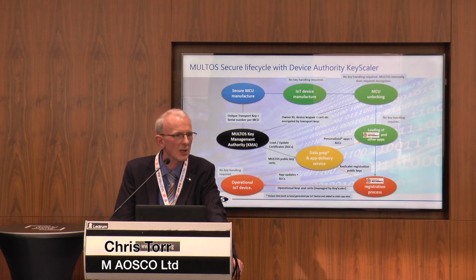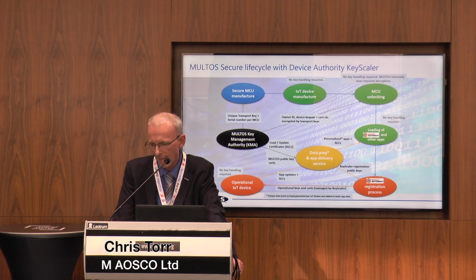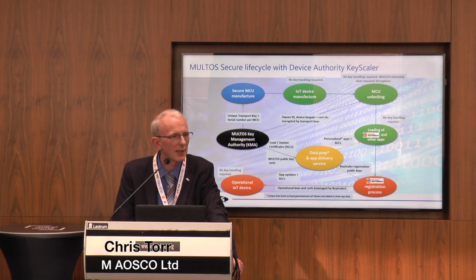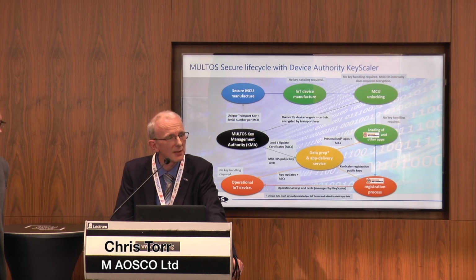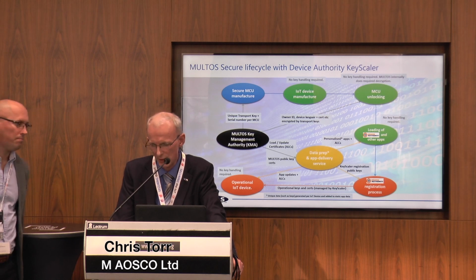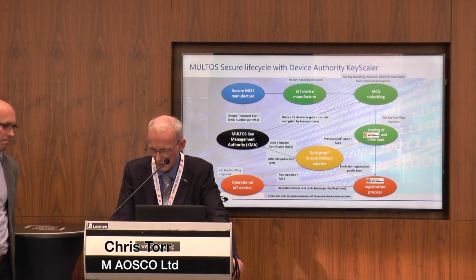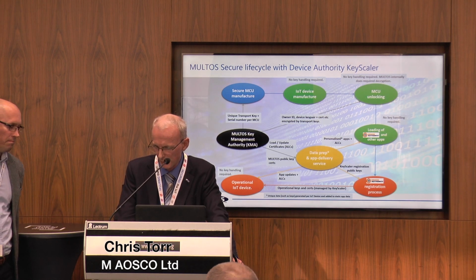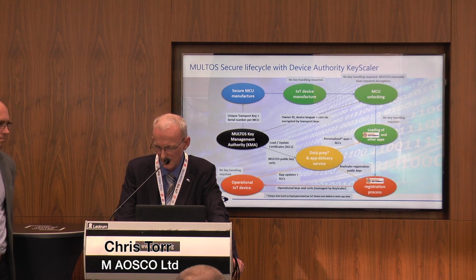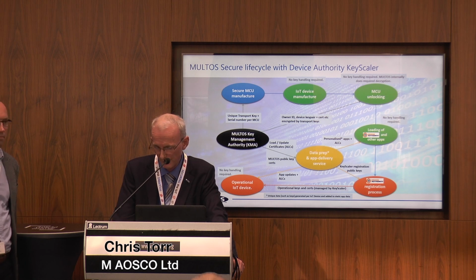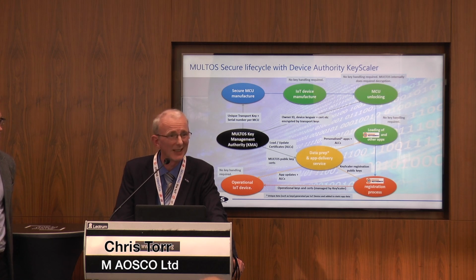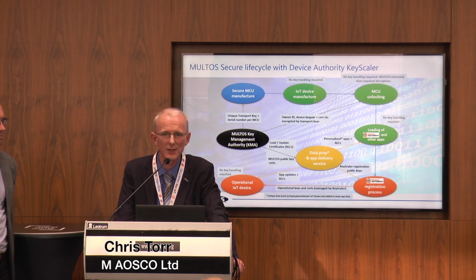There's a certificate-based loading mechanism, and by putting on the device authority application, you can then get the overall device registered and operational using their software. So to conclude, the whole architecture is managed from the beginning. At no one point is the device manufacturer involved in handling keys, which I think is a really important message.